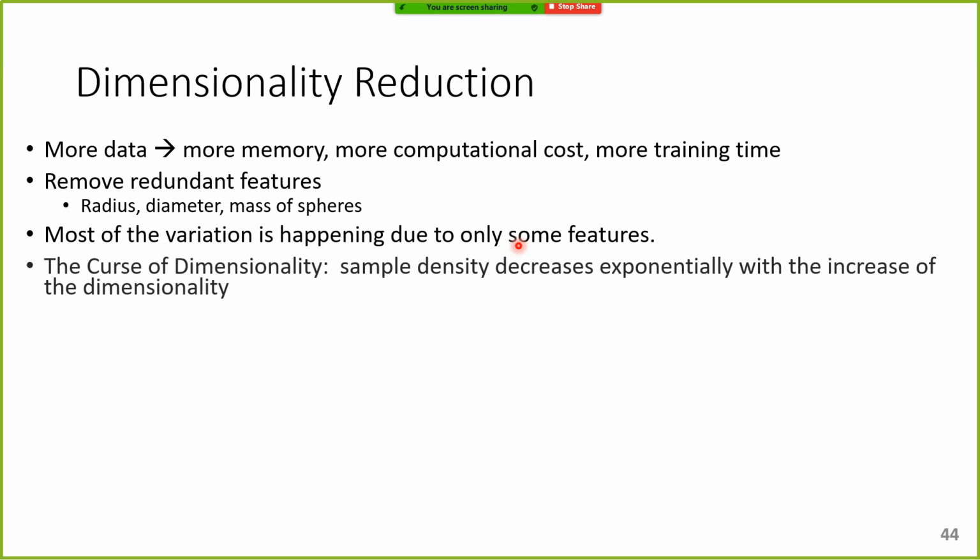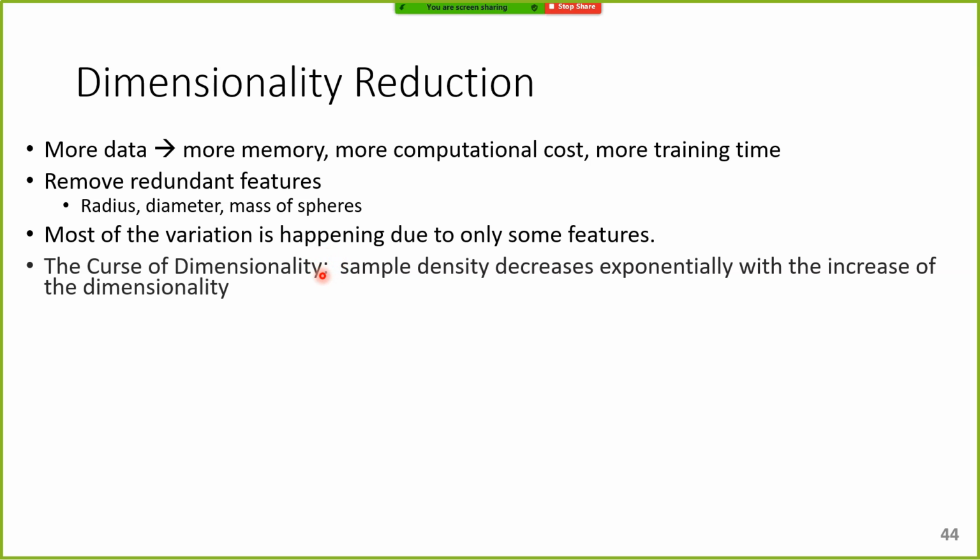Another reason we want to perform dimensionality reduction is the curse of dimensionality. Increasing the dimension or the features in our data is not always useful. If we increase the features, the accuracy of the model will increase up to a certain extent.